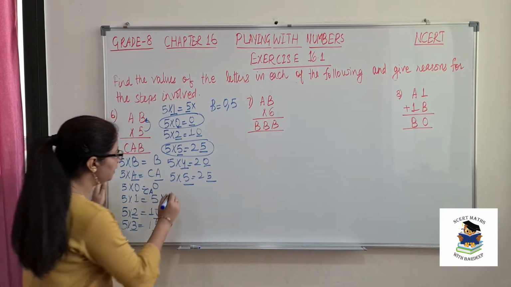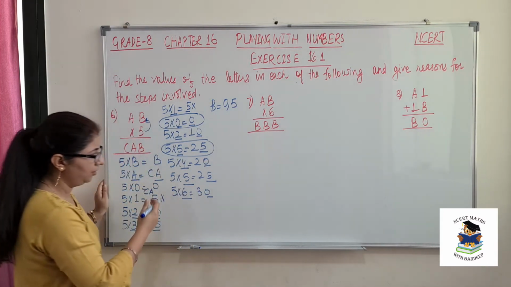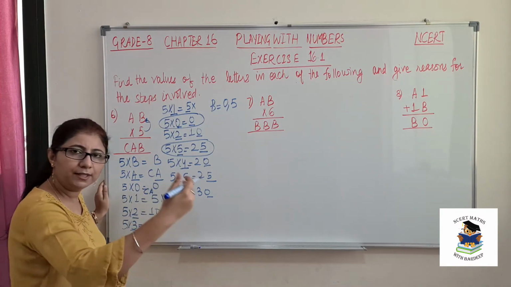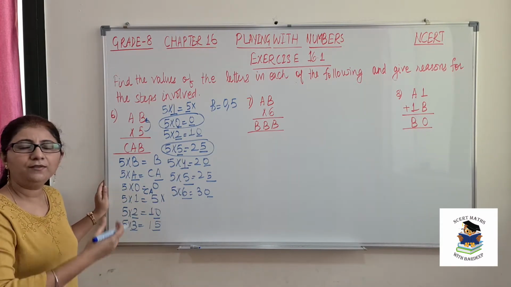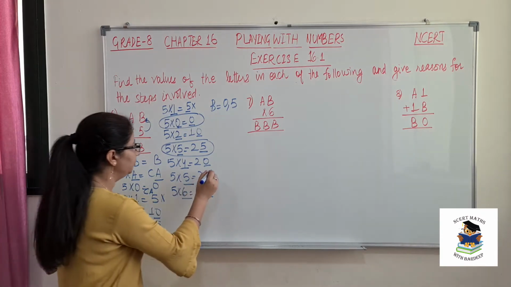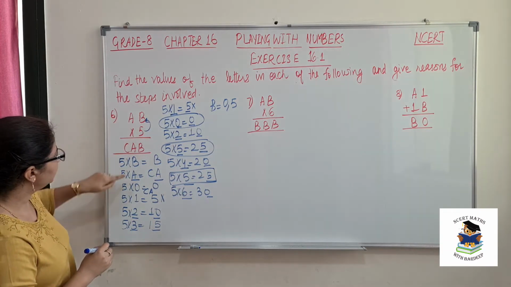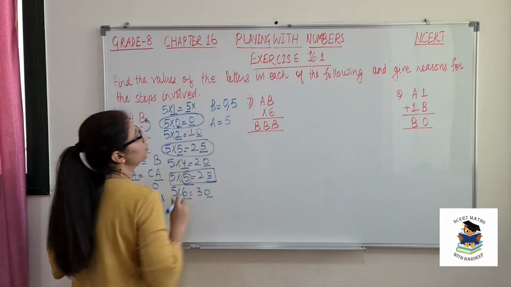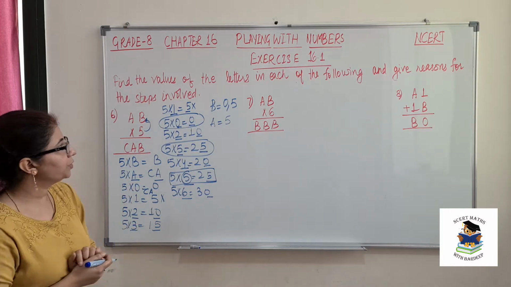So 5 into 6 if you will do, this is 30, not same. 5 into 7 is 35, 7 and 5 are not equal. 5 into 8 is 40. So 8 and 0 is not equal. 5 into 9 is 45. So 9 and 5 are not equal. So that means the only possible value is this one. So if I use this A as 5, let's see what we will get. So we have these two options for B and A as only one option, that is 5.